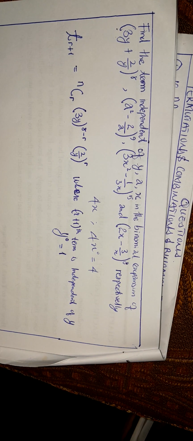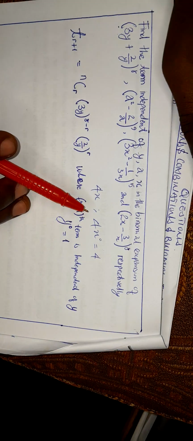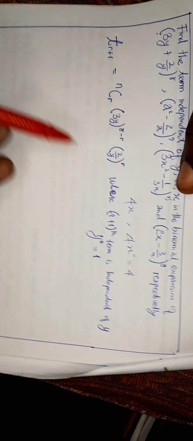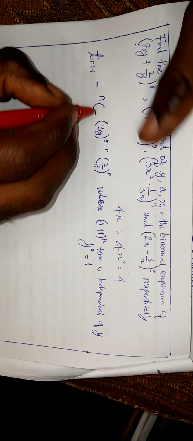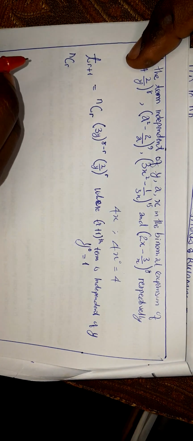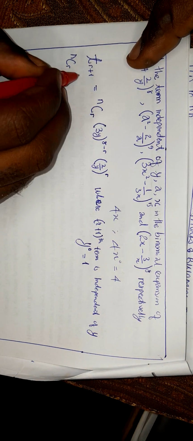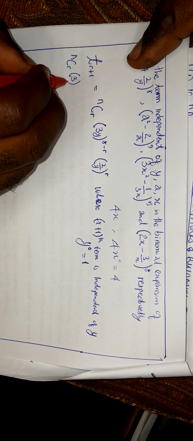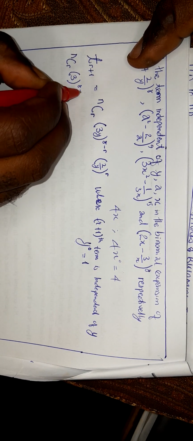Now the next thing is for us to expand this, not per se expanding it, but isolating y, and we need the law of indices to do that. So I'm going to be having n combination r. Please follow me. This 3 to the power of 8 minus r.